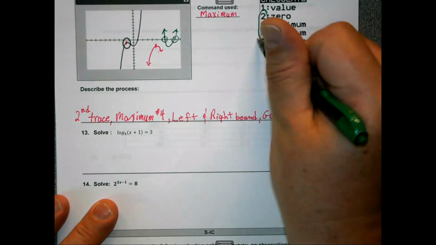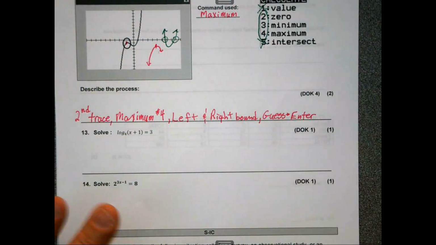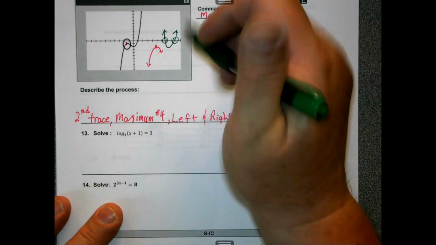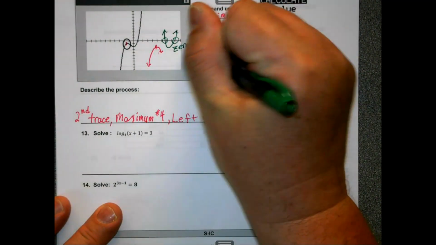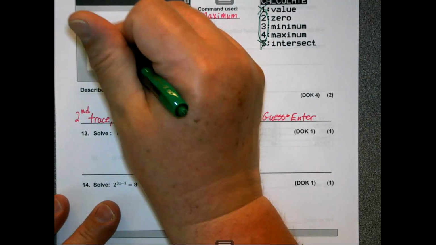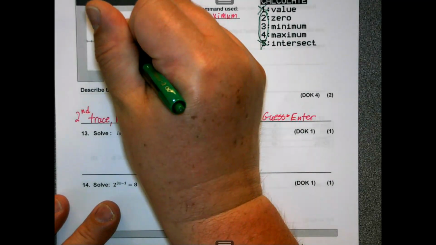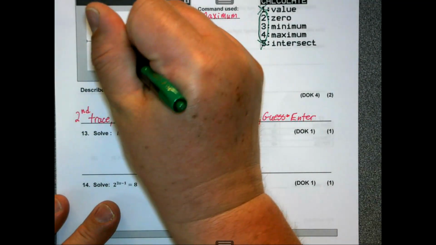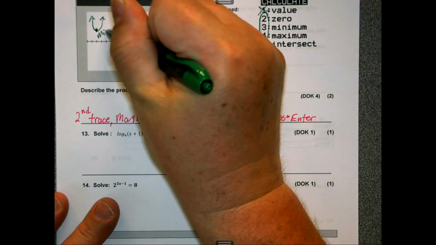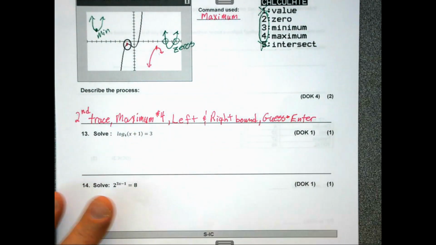And we're not going to use intersect, and we're not going to use value. Those are the zeros, right? Those are the zeros. And the other one would be a minimum. So if I have a parabola opening up, this would be my minimum value, right? So it's going to be one of these three.